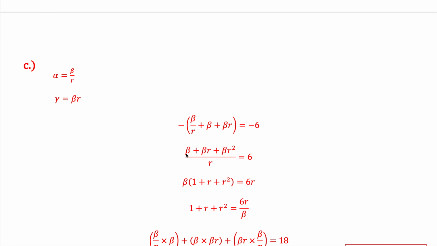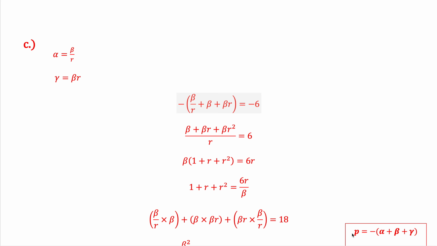So now we can use this relationship where we know p is equal to negative 6. So negative alpha, which is beta upon the common ratio, plus beta, which is just beta, plus gamma, which is beta times the common ratio, is equal to negative 6. So now the negative signs will cancel, and I have made the denominator common. So this will be beta plus beta r plus beta r squared upon r equal to 6.